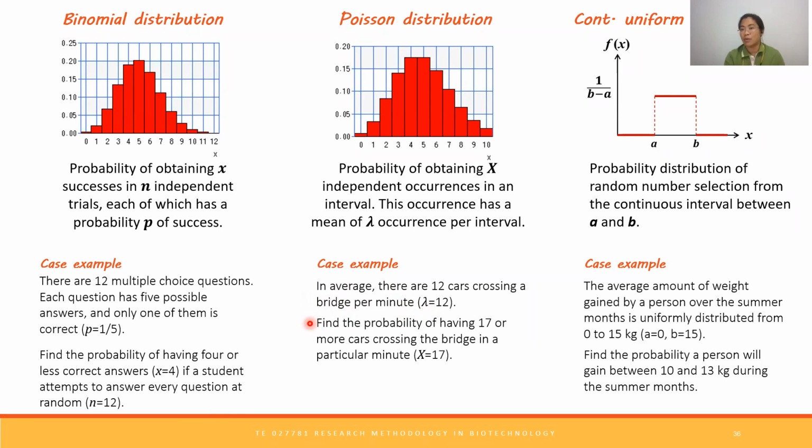So at one point there will probably be 2 cars, at one point 5 cars per minute, at one point 10 cars, at some point it could be 30 cars per minute. So finding the probability of having 17 or more, from 17 cars per minute to whatever above 17, what is the probability of that happening? That sort of thing has to use the Poisson distribution.